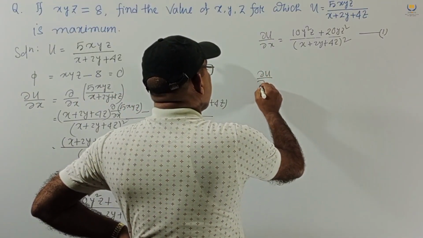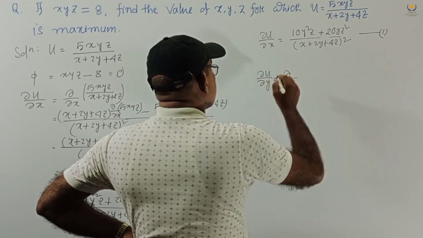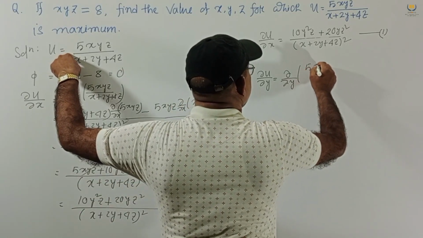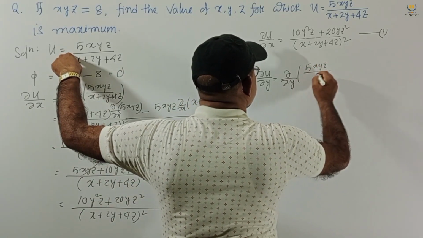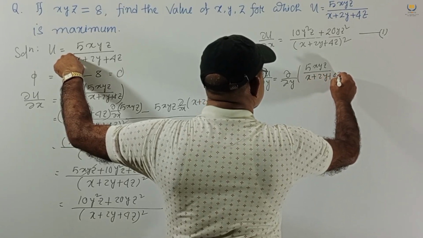Del u by del y of 5xyz by x plus twice y plus 4z.